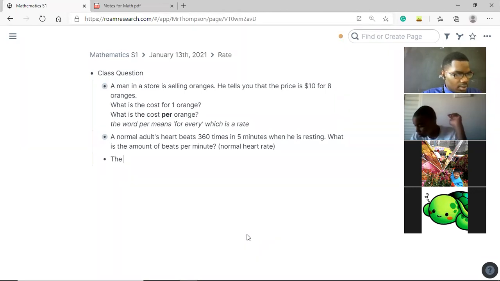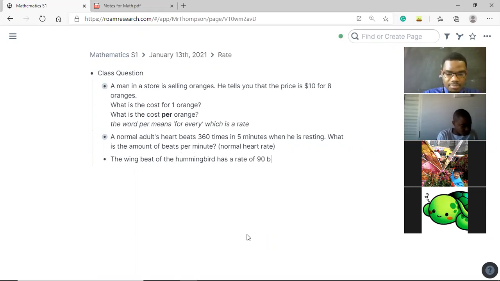The wing beat of the hummingbird has a rate of 90 beats per second. How many beats does it make in 4 seconds?